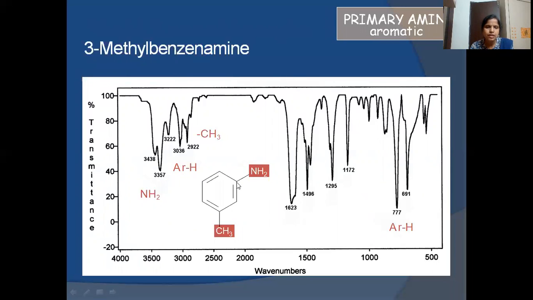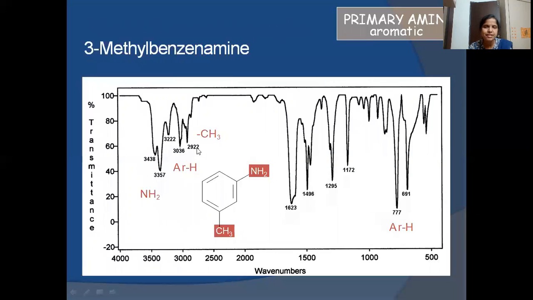This carbon is sp2 hybridized. So sp2 carbon hydrogen, whereas the peak below 3000 will be of sp3. So in this spectra, you can find one band above 3000 and also another band just below 3000.